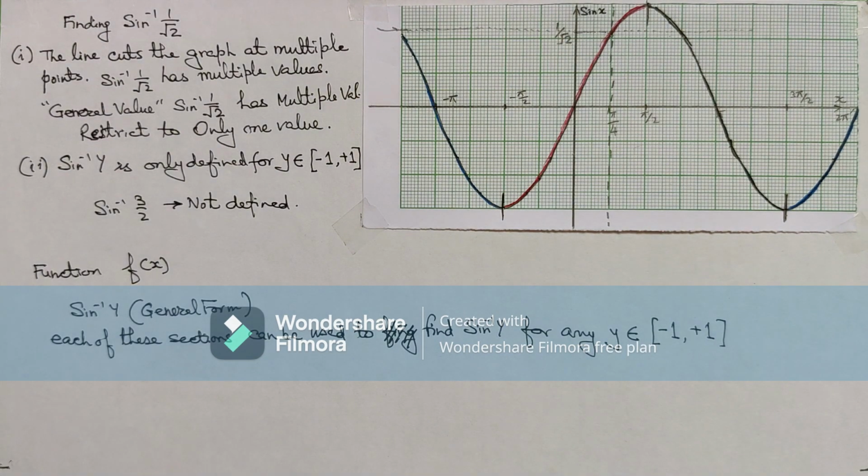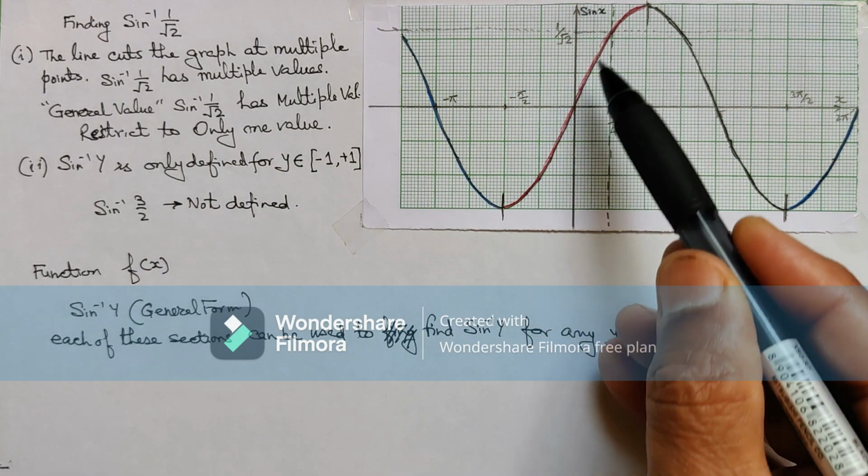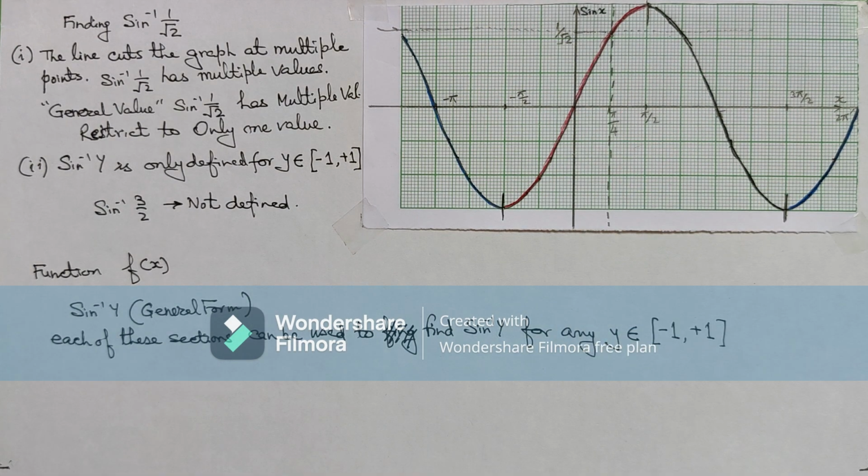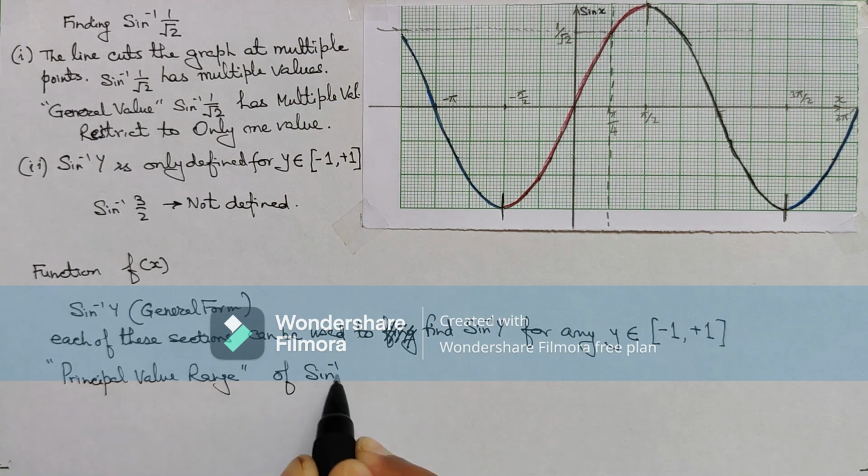We have named one set of values of sin inverse y arrived at using one of these sections, this section marked here in red, as the principal value range. Though it may sound rather arbitrary, we have selected this one section and called it principal value range of sin inverse y.